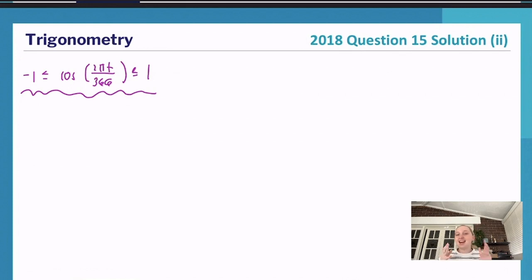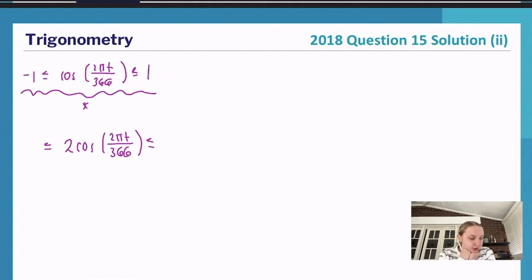Now, similar to how you would change your domain and range when solving for a trig function, that's what we need to do to this, right? So what we want to do is have 2 cos 2 pi t on 366 in the middle of this notation for our domain.